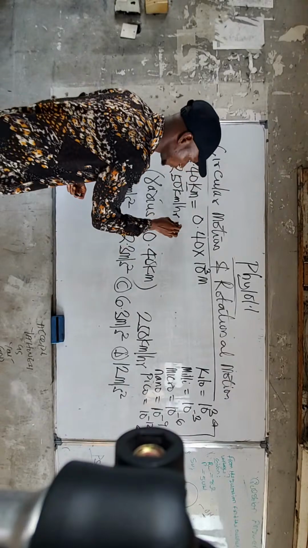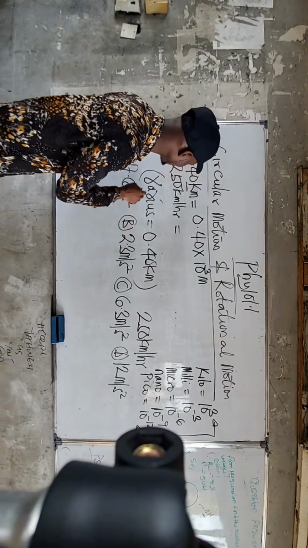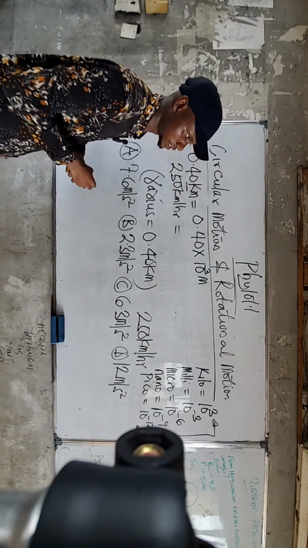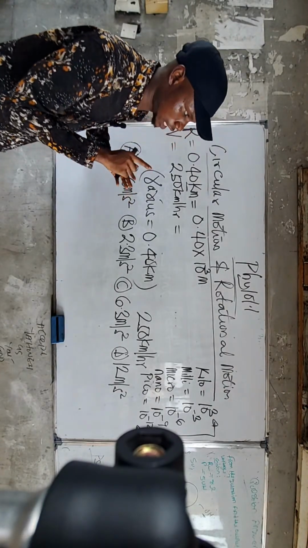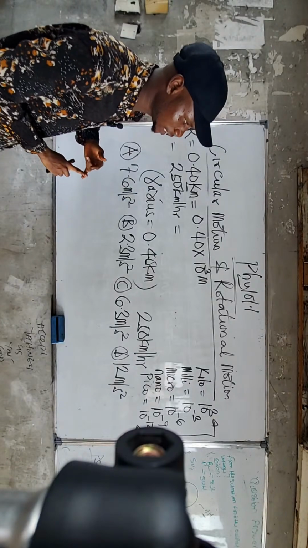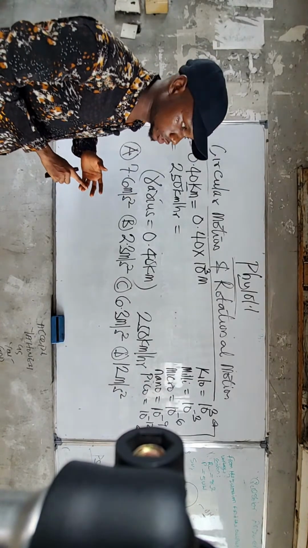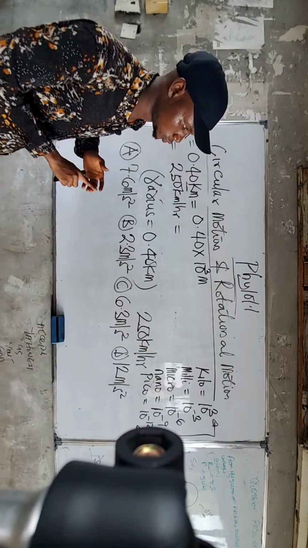Okay. Now let's convert this guy here, from kilometer per hour to meter per second, because in physics we always use our SI unit. That means our length should be in meter, our mass should be in what? Kg, our time should be in what? In seconds.